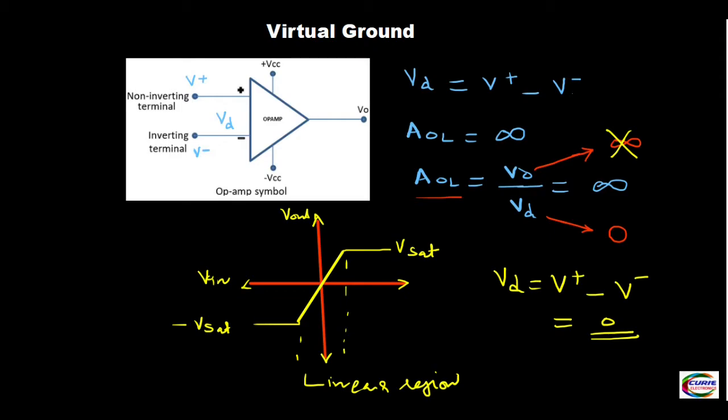Now we will understand it with the concept of inverting amplifier. See, this is our inverting amplifier configuration. So our input voltage is going to be Vd. Now what is V out?